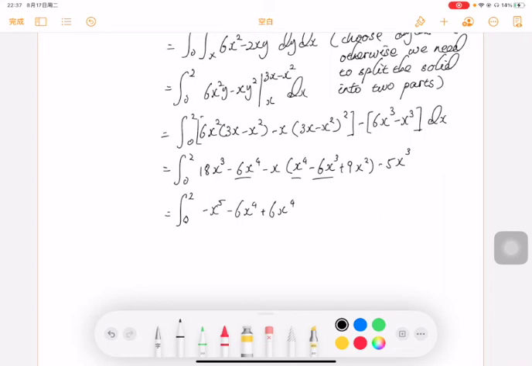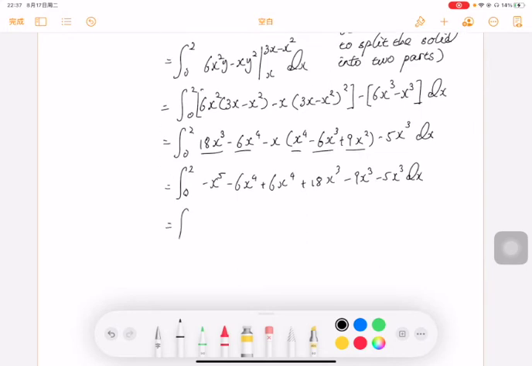And what do we have next? Oh, I missed the dx here. And then the third order term plus 18x cubed, that's this term, and this is minus 9x cubed, that's this term, and then minus 5x cubed dx.